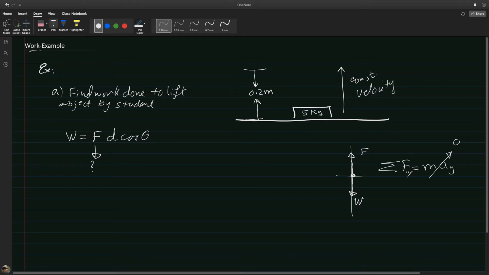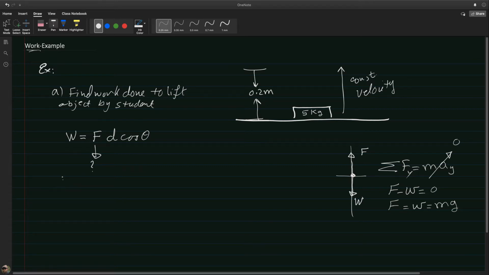This means all the forces must add up to 0, which means that F minus the weight is equal to 0, which means that F is equal to the weight of the object, and that's equal to mass times gravity. That is nice. Now, that's our F.